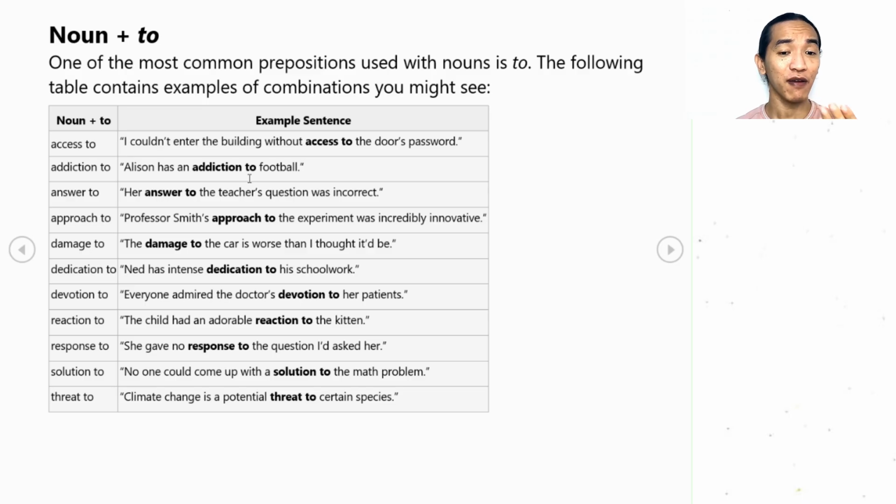Okay, we also have response to, solution to, and threat to. I will not be reading those examples, but I just want you to know these words, noun plus to, by heart. Okay, because the preposition to is a common one that we usually partner with nouns. Know these examples here.